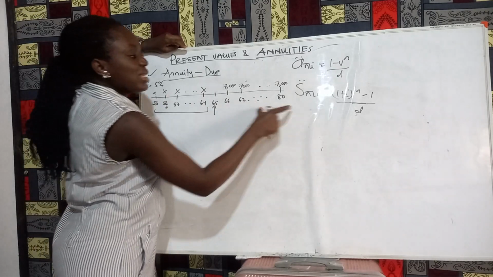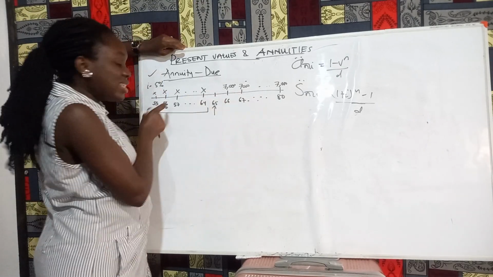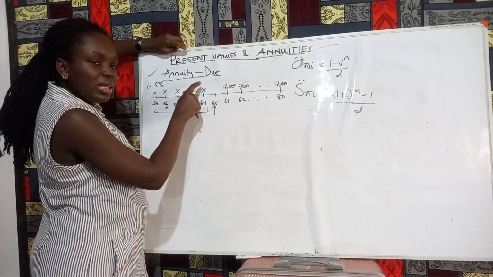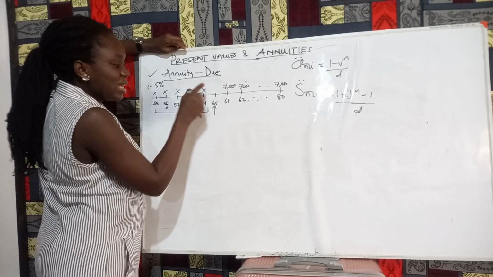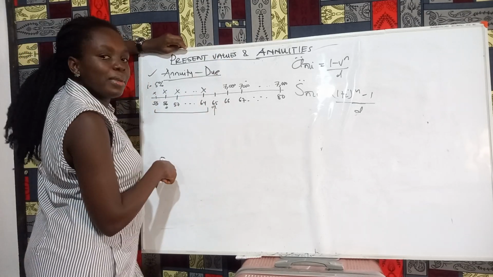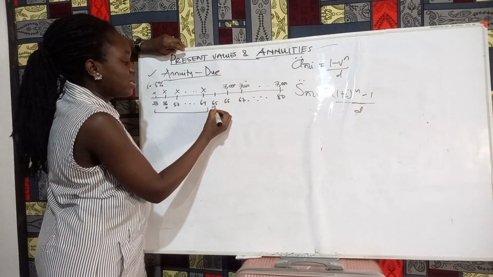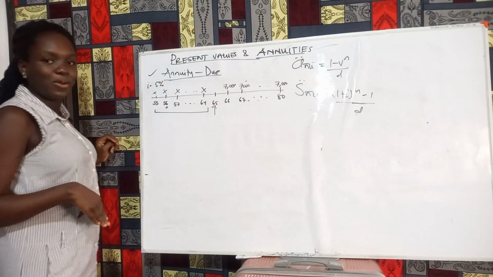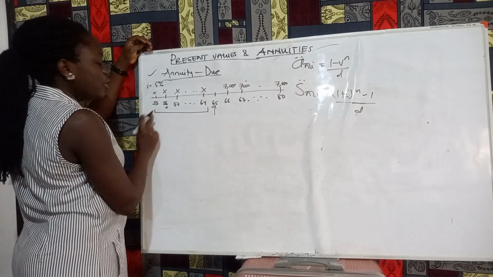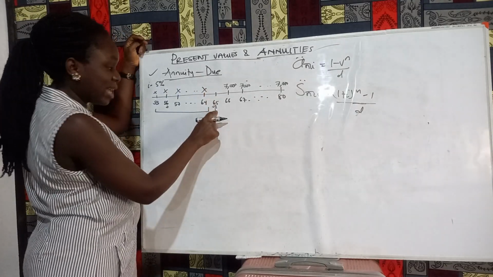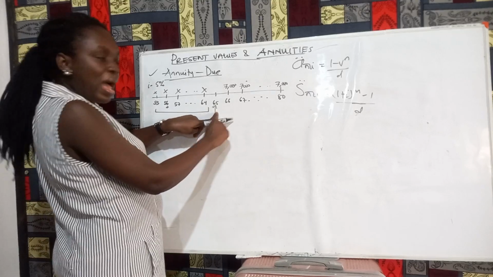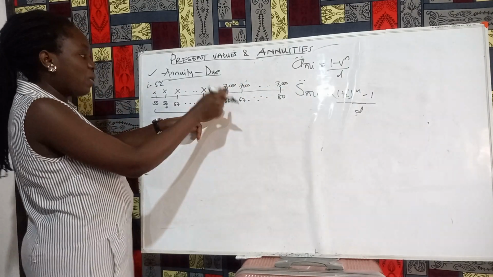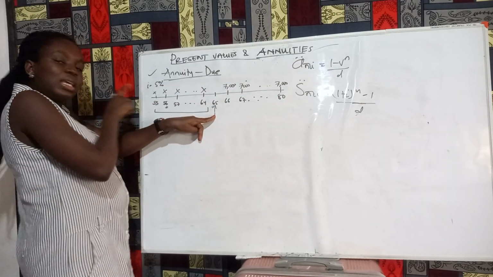Now, if you want to find these payments you want to make in the future, then the future value of all these X's at time 65 should be the same as the present value of these 7,000 payments at time 65, because you want to fund this with this, and they are using the same interest rate.